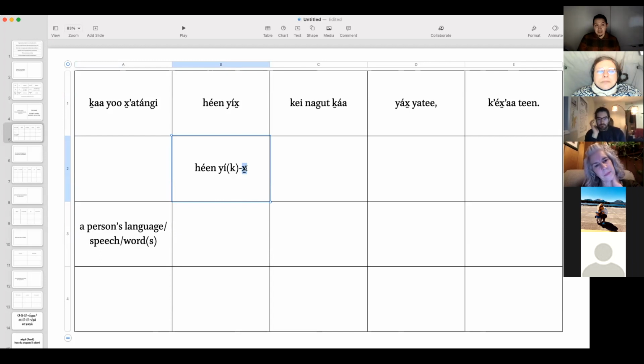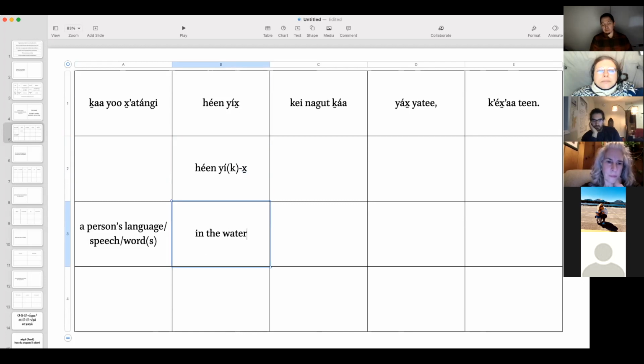So hin yich works really well for a boat going along the water, or it implies in the water and also in motion. So we'll say in the water. And this is in the shallow part of the water, either something that floats along the surface like a boat, or a person who's not in the deep waters.